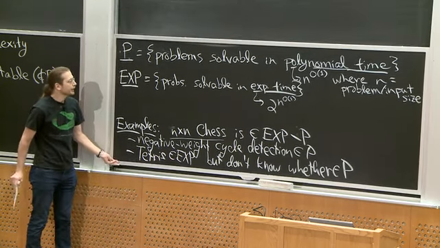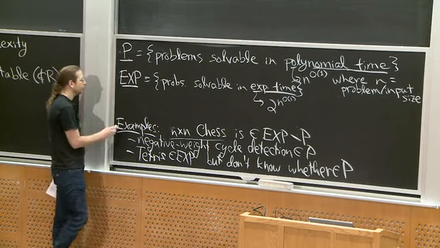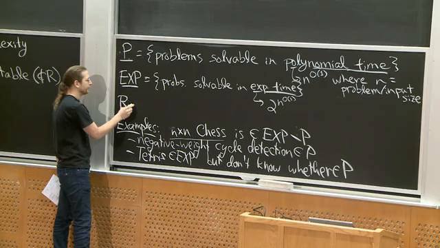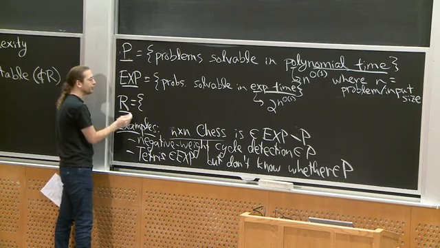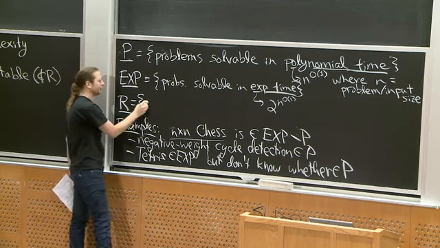All right. So there's one other class I want to define at this point, and we'll get to a fourth one also. But R is the class of all problems that can be solved in finite time.